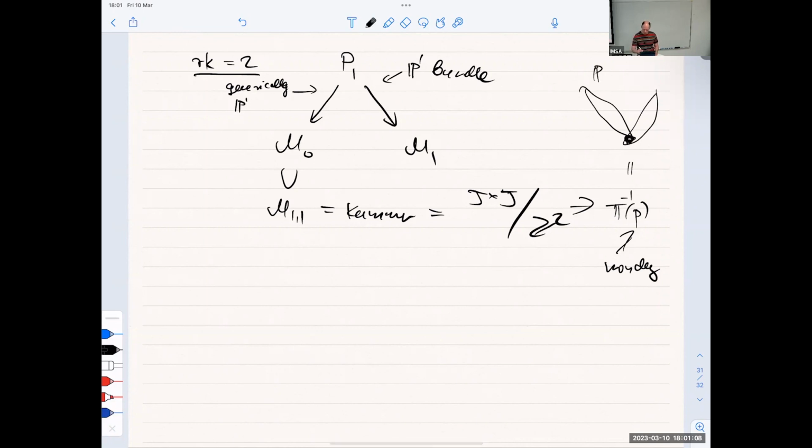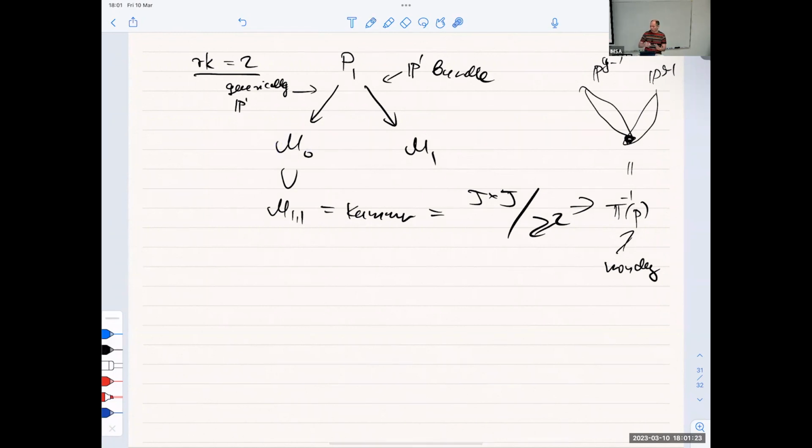So two projective spaces joined at a point, that's the singularity. So that's what this looks like, and this gives you a good idea.